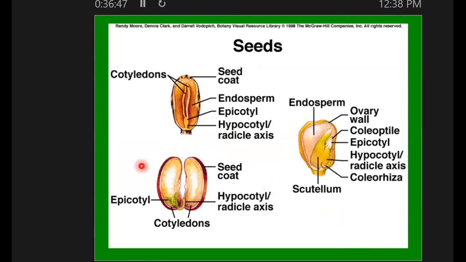Thinking about the anatomy of the seed, you need to think about the embryo, of course, the baby sporophyte inside. And then depending on the seed, you might have really obvious cotyledons. You might have more slender cotyledons. You might have endosperm tissue. Sometimes though, the endosperm tissue gets subsumed or taken over by the cotyledons.